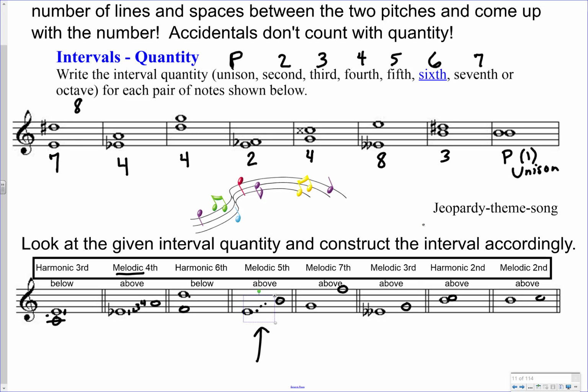So that's how I would write my melodic 2nd, as opposed to my harmonic 2nd, which is right here. That's a harmonic 2nd, and the last one is melodic 2nd. So hopefully you did okay with this. Keep in mind that you can watch this video as often as you like, as it's up on the YouTube channel, if you need to review or you're having trouble understanding some of the concepts.